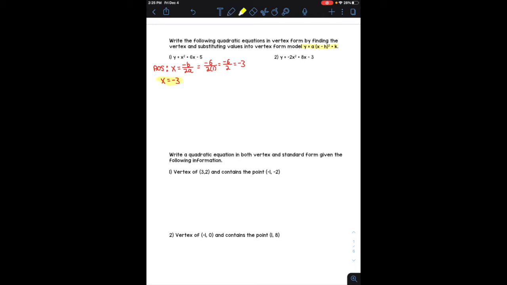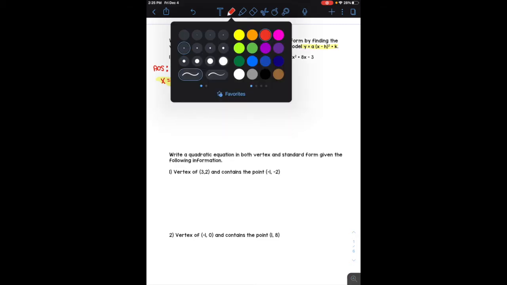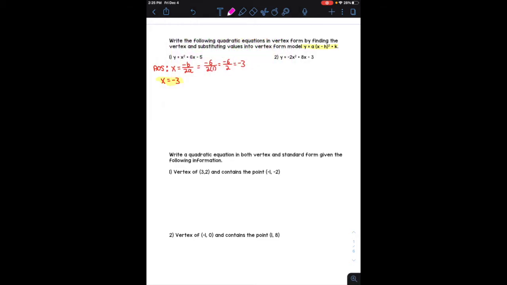And we could use that now to find the y value of the vertex. Remember, the vertex is on the axis of symmetry, the vertical line that cuts through the parabola, so they share an x value. Since our equation is y equals x squared plus 6x minus 5, I'm going to plug x equals negative 3 into our equation and solve for y.